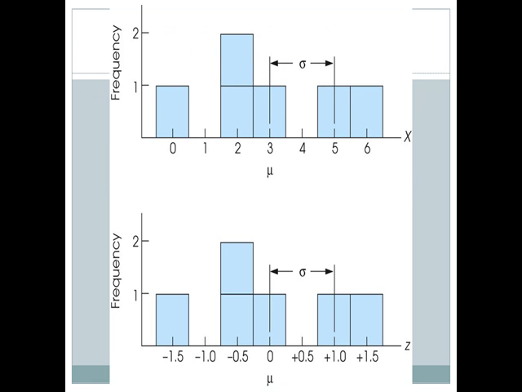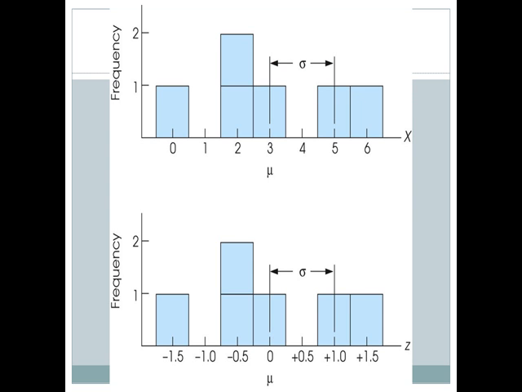Now, let's look at this example for a minute. Just want to point out that the scores on the top and bottom of the slide represent the exact same distribution, but we have transformed the distribution at the top into a set of z-scores at the bottom. We're illustrating here the 3 points from the slide before.